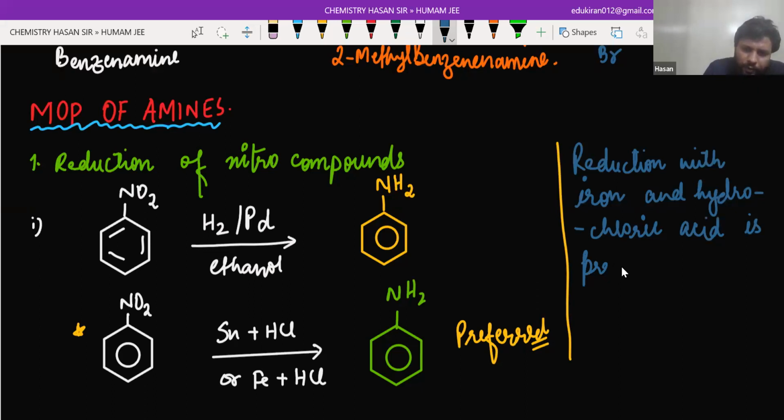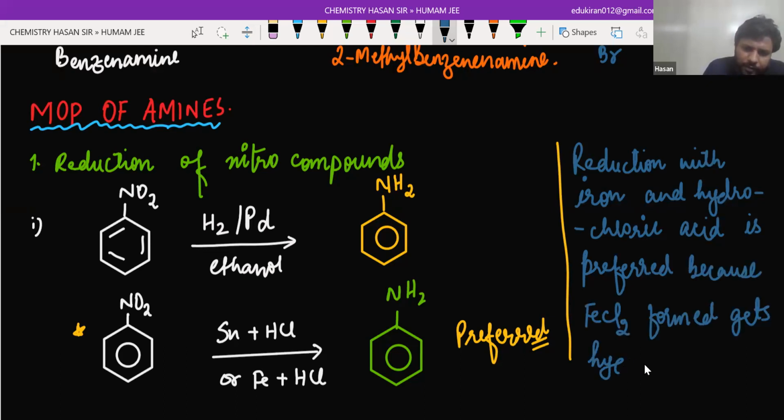FeCl2 formed gets hydrolyzed to release hydrochloric acid, HCl, during the reaction.